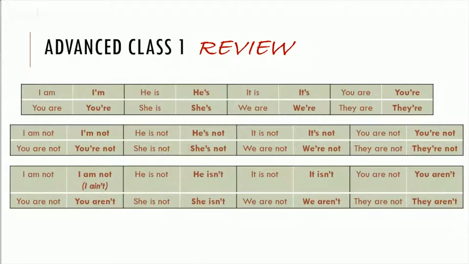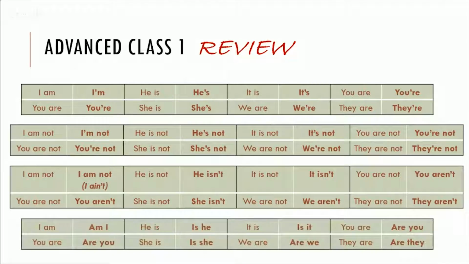And then you have all the rest. He is not, he isn't, it is not, it isn't, you are not, you aren't, the plural, you are not, you aren't, she is not, she isn't, we are not, we aren't, they are not, they aren't.